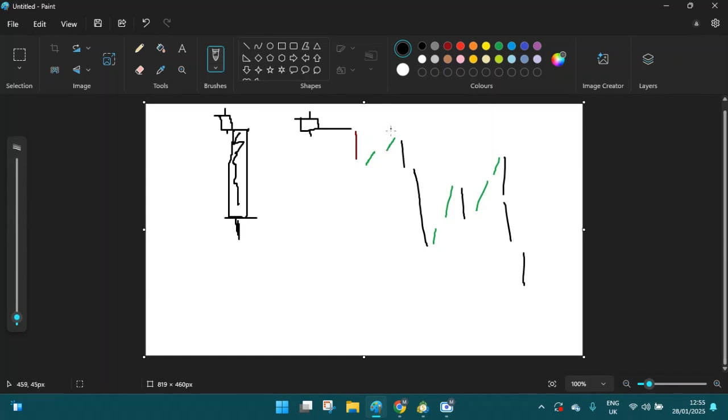So this is not exactly 12, I think. It's 1, 2, 3, 4, 5, 6, 7, 8, 9, 10, 11, 12. Okay, let's say it's 12 here. Yeah, this is a pretty good example. So looking at this could have been what happened to create this 1 hour candle.